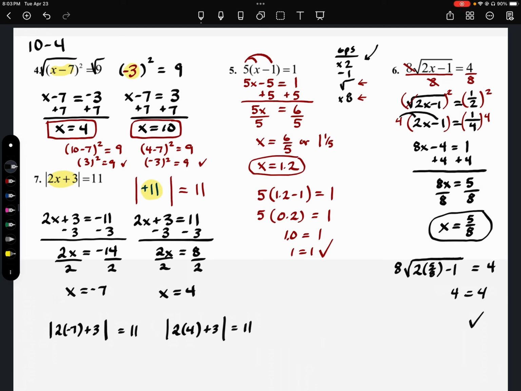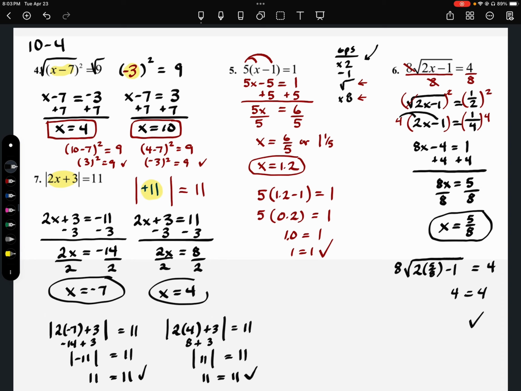So let's see. 2 times negative 7 is negative 14, plus 3 is negative 11, and we know the absolute value of negative 11 equals 11, so that checks out. 2 times 4 is 8, and 8 plus 3 is 11, so the absolute value of 11 would give us 11, so that one also checks out. So our answers there, negative 7 and positive 4.